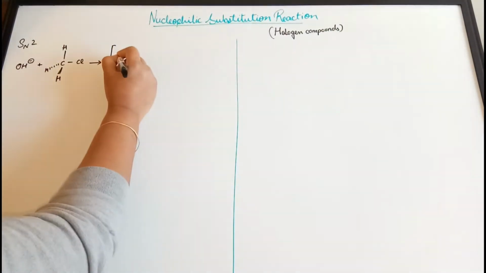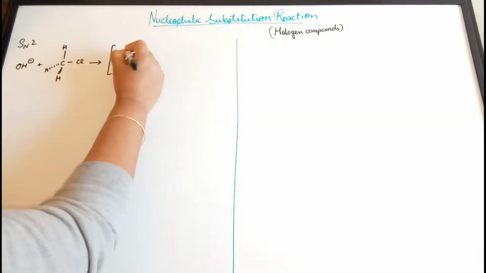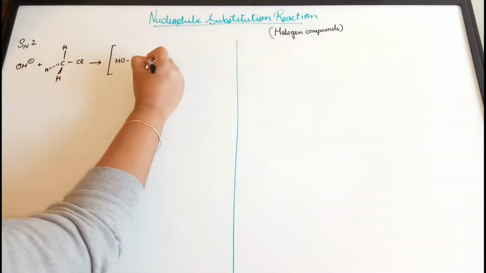Now the OH is going to come in and attack, and this is leading to the formation of this unique state. So here, let me just draw the structure first and then we'll talk.